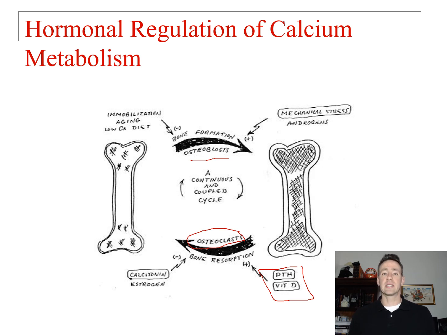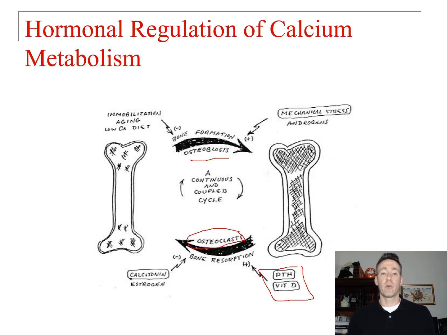In response, parathyroid hormone acts on the bone and the osteoclasts to increase resorption, so it can take calcium off the bone and distribute it to the blood, raising the calcium levels that way.